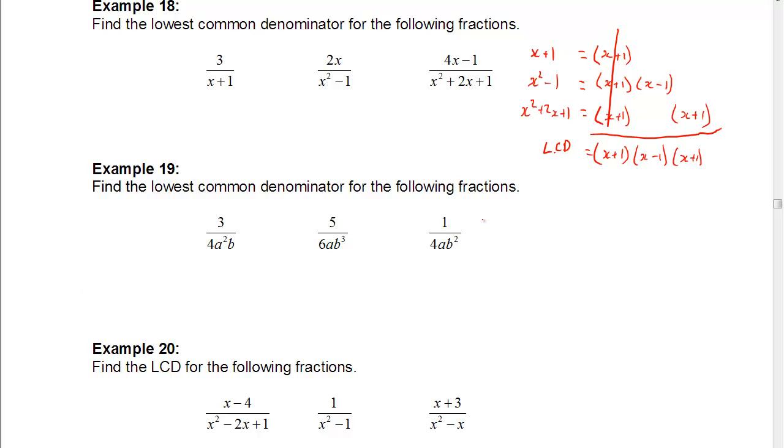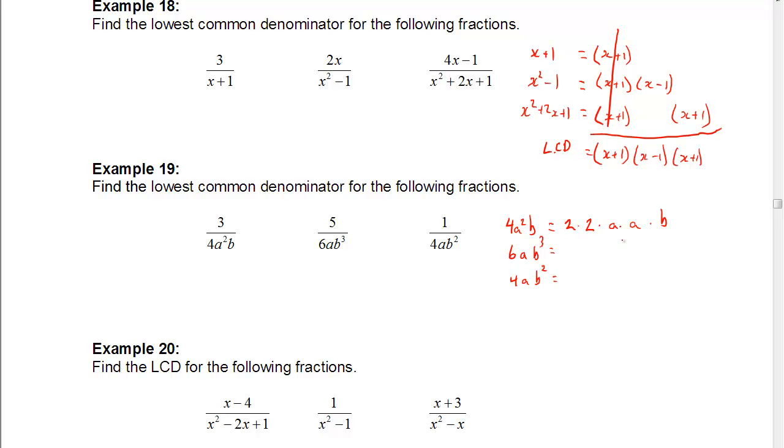4a squared b, 6ab cubed, and 4ab squared. We're going to do this the same way. We're just going to break this down as small as we can and line up pieces that are the same. So 4 is 2 times 2. A squared is a times a, and then b.